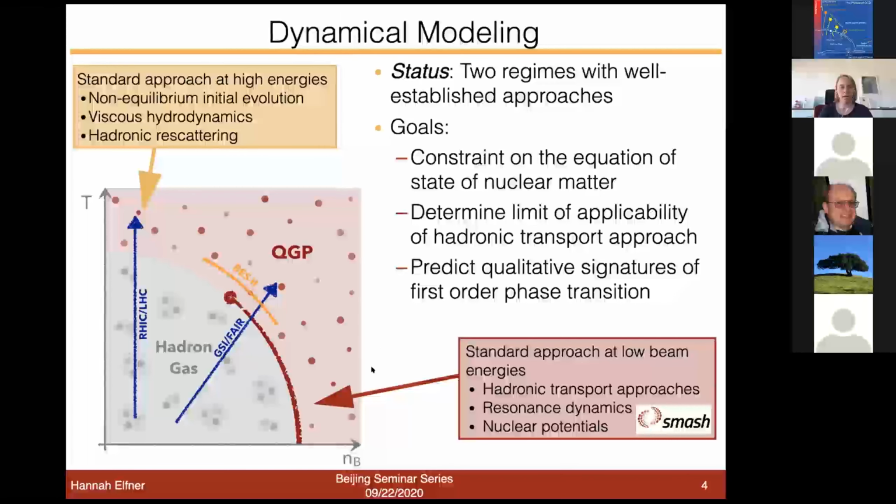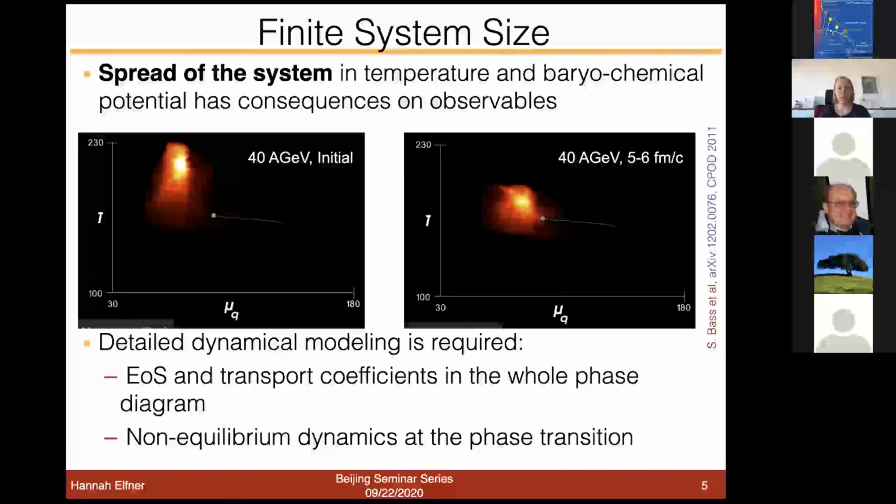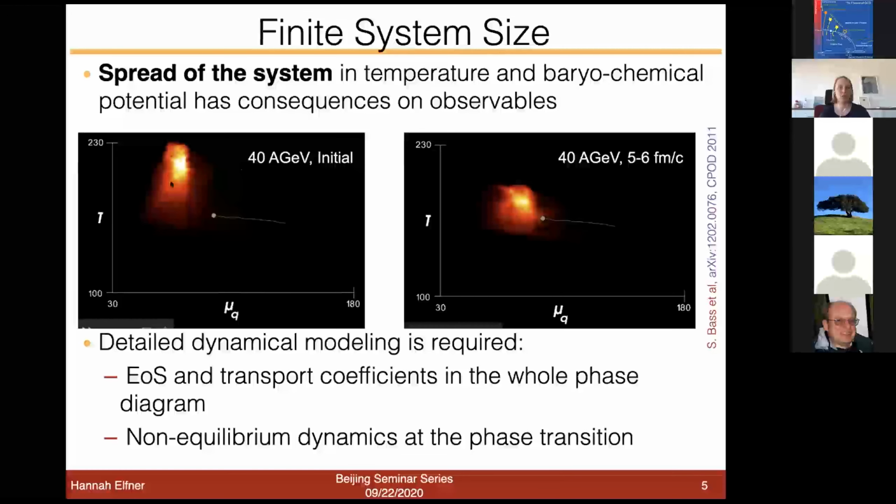And so to also set the stage a little bit, I wanted to show again these nice pictures that we produced almost 10 years ago, but still I think they are very nice to illustrate the point. So we are not sitting at a certain single point or on a single trajectory in this phase diagram, but actually our collisions, this is for 40 GeV lab energy, so 8.8 GeV square root of s, have a whole blob in your hydrodynamic evolution in this plane, and if you look at the later time, that moves downwards.